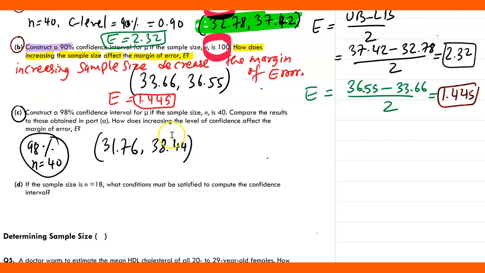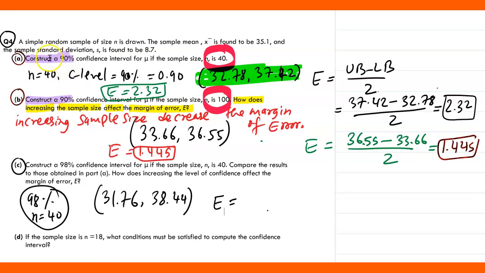Okay, and what's the margin of error in this case? Let's find the margin of error, because I have to answer how increasing the level of confidence affects the margin of error. You compare with part A. Remember that in part A we used sample size 40, and in part C we also use 40, but we increase the confidence level from 90 to 98. In other words, by increasing the level of confidence from 90 to 98, how is the margin of error affected? That's what I'm going to do.